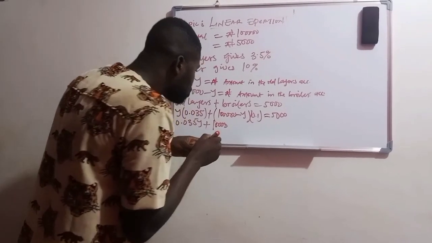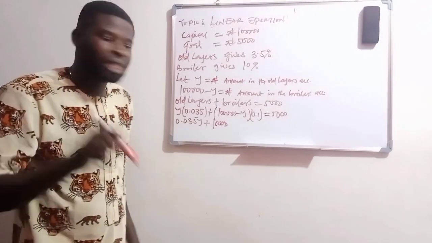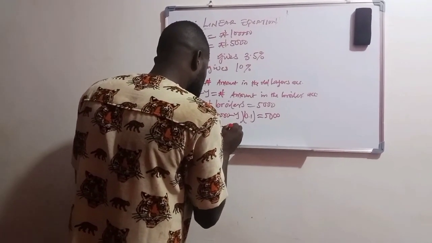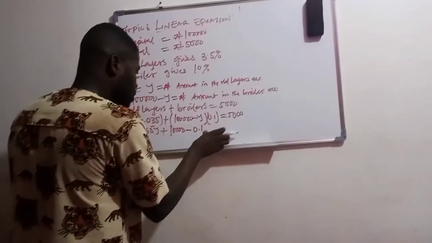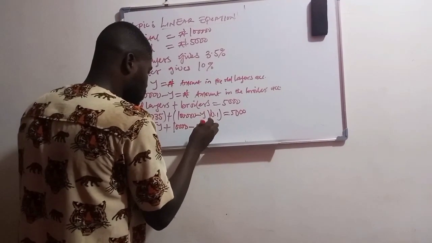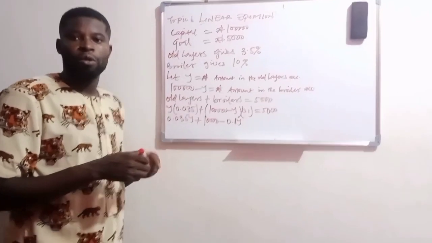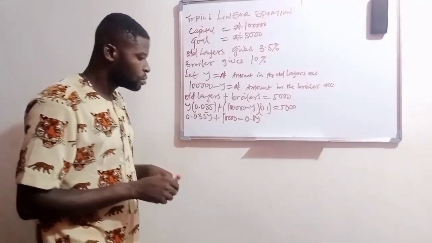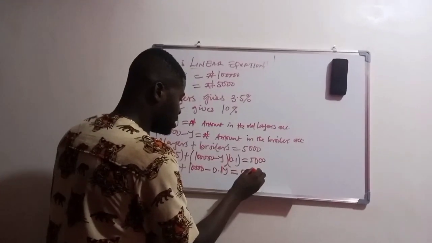Now, minus y multiplied by 0.1 should give us minus 0.1y, which is equal to 5,000.